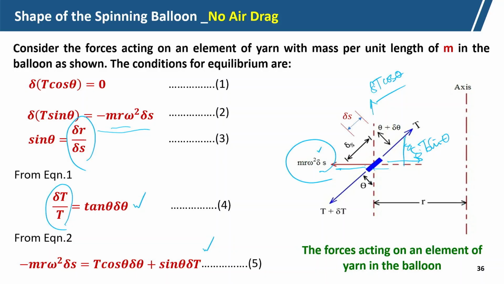So, here we can simply get this by T cos theta. I will try to show you how we are getting this from equation 1.